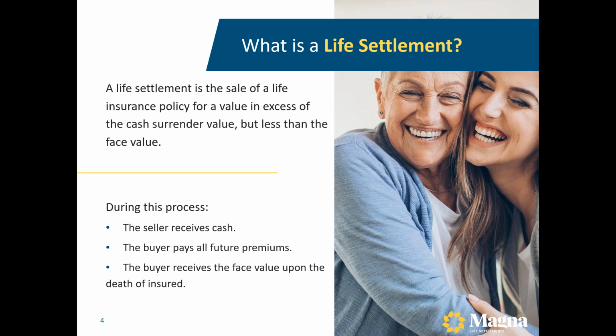A life settlement is getting some value for that asset in excess of the cash value, but obviously less than the face amount. There has to be profitability for it to work for everybody. So how it works is your client has a policy, and you sell that policy for cash.